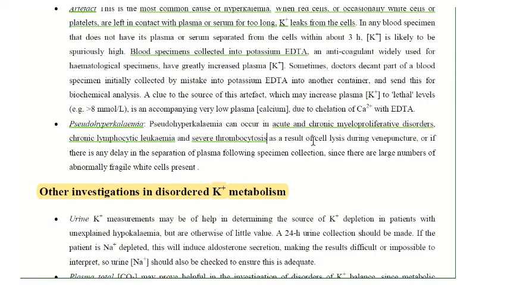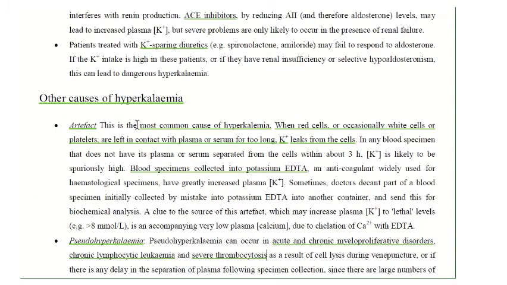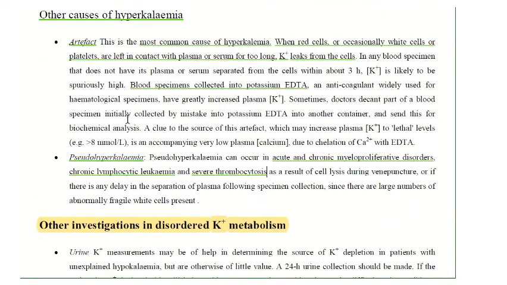As a result of cell lysis during venipuncture, or if there is any delay in the separation of plasma following specimen collection, since there are large numbers of abnormally fragile white cells present. Then the other causes of hyperkalemia.